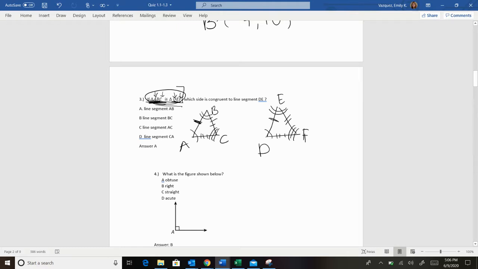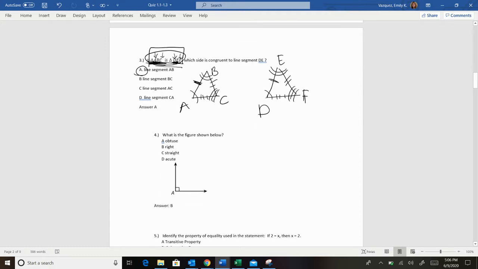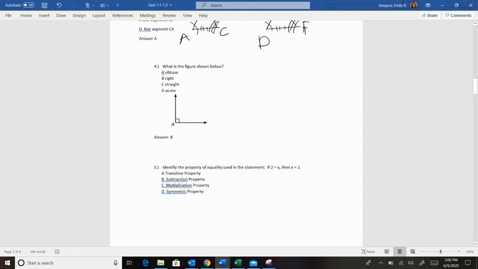You look very closely at the statement and you're able to tell which ones they're equal to. So let's answer the question. Which side is congruent then to DE? Well, DE is the first and second letter. So the first and second letter in the other triangle is going to be AB.